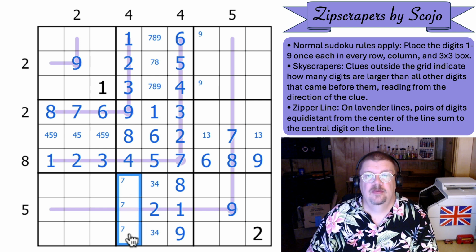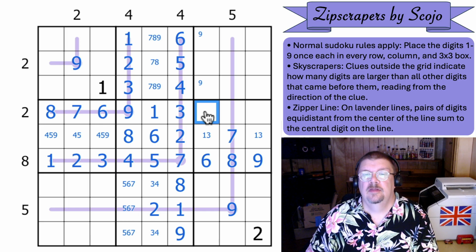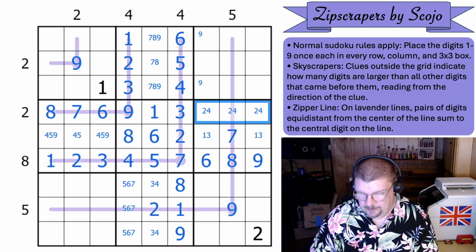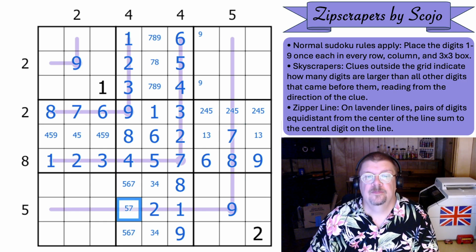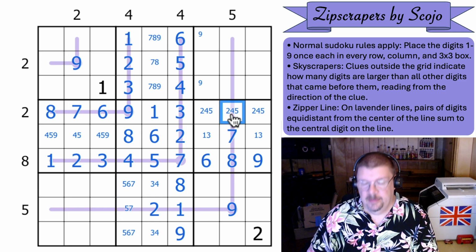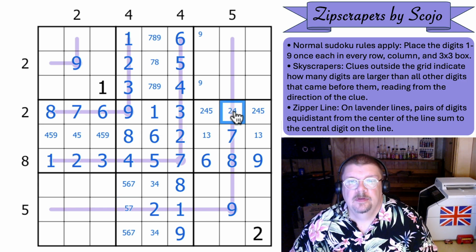Okay, these three digits by Sudoku are 5, 6, 7. These three are 2, 4, 5. And this one must sum to 9. So that can't be a 6. And that can't be a 5. But could still work the other way.